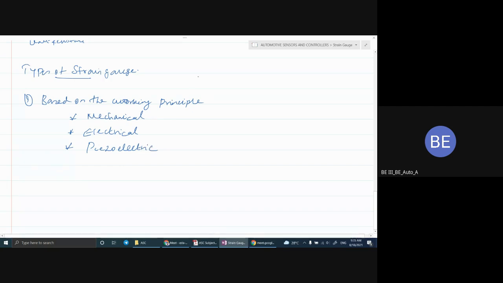So based on the working principle, the strain gauges are classified into three types: mechanical, electrical, and piezoelectric.